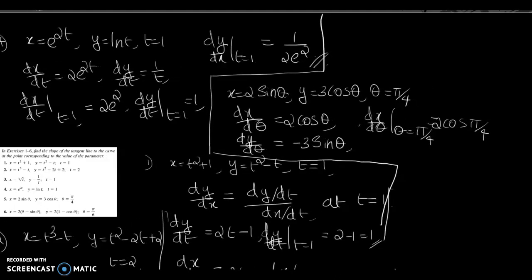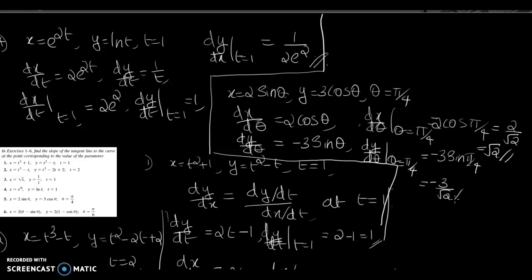Cos pi by 4 is 1 by root 2, so this equals 2 by root 2, which is root 2. Dy by d theta at theta equal to pi by 4 equals minus 3 sine pi by 4, which is minus 3 divided by root 2.